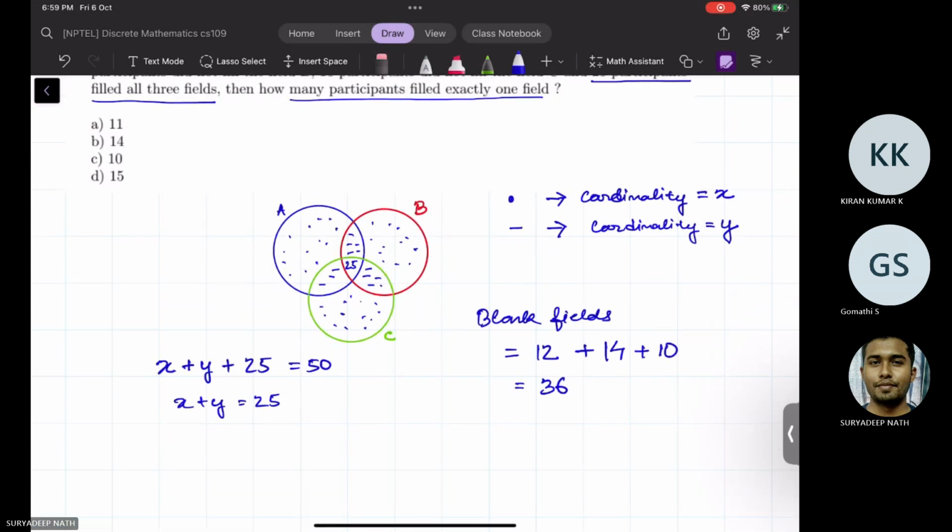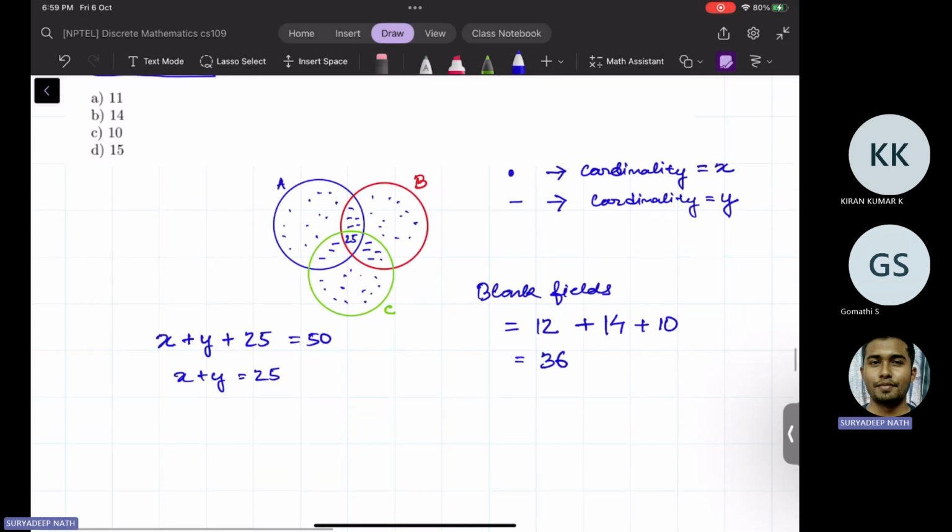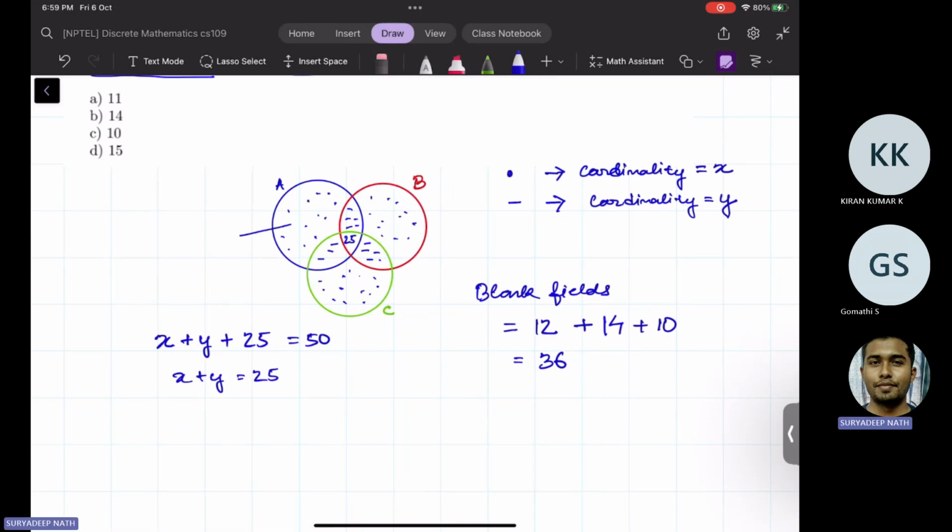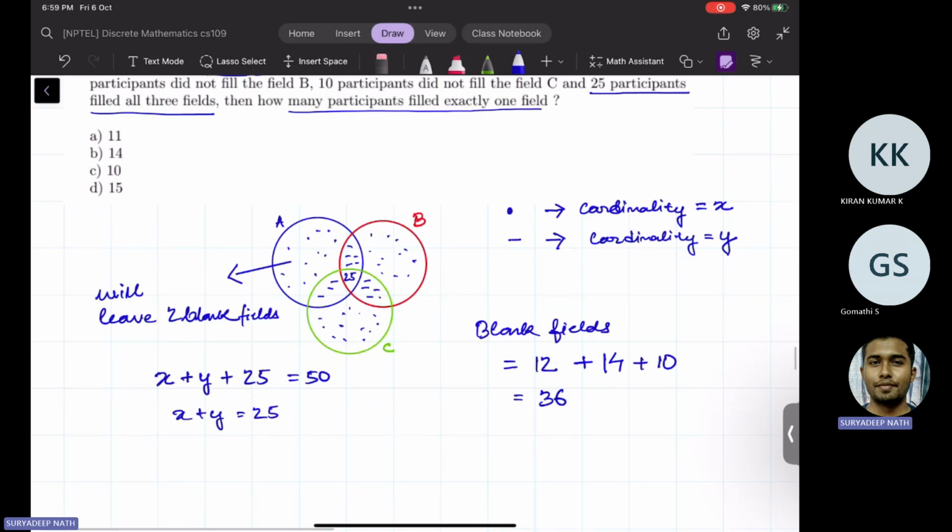Now a person in the dotted region will leave two blank fields, because he or she is filling only one field and there are three fields, so they will leave two.